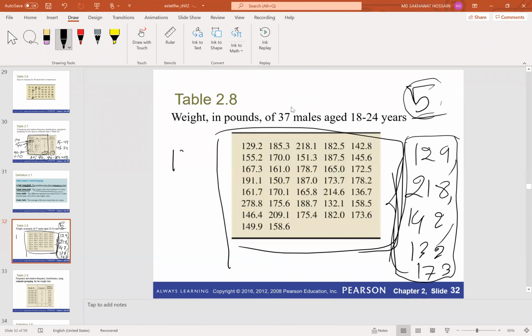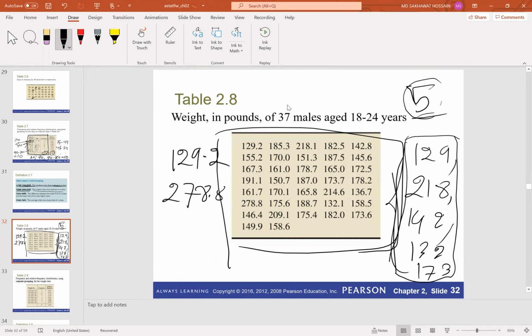I'm taking this one, 129.2. What is the maximum number? I say 278. Is it 278.8? What is the largest number here? Yeah, 278.8, right?